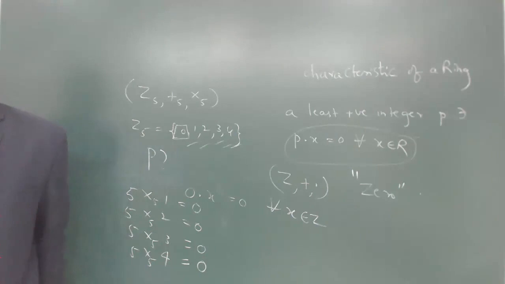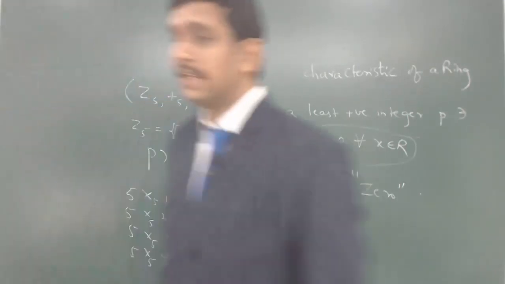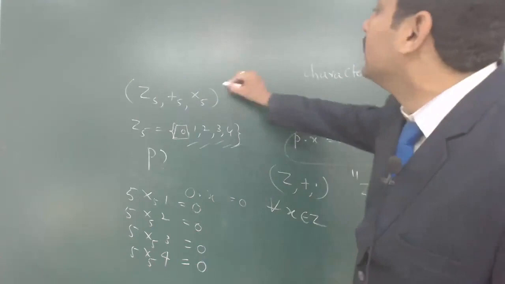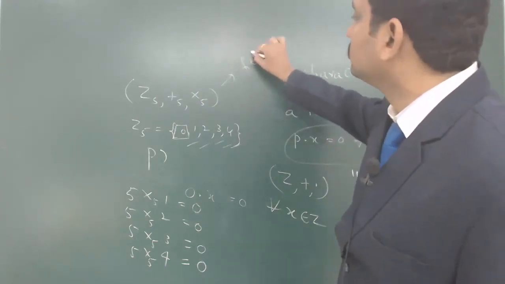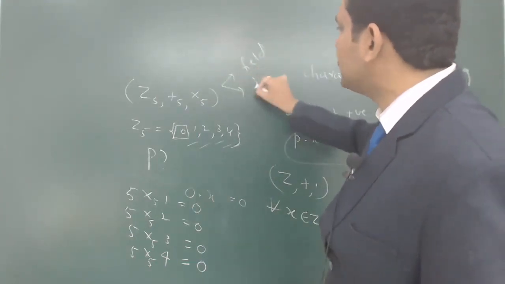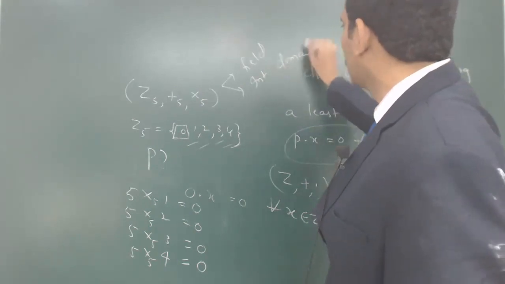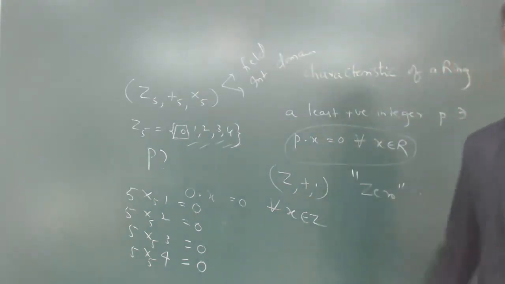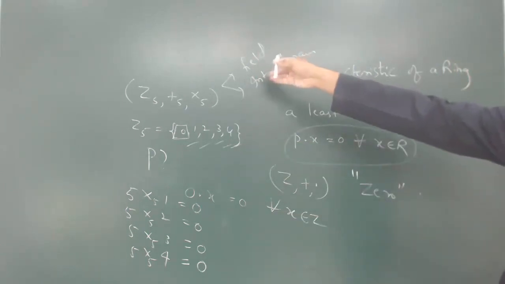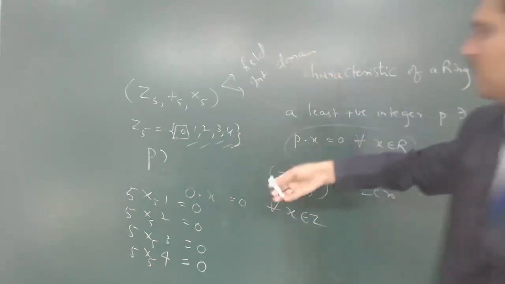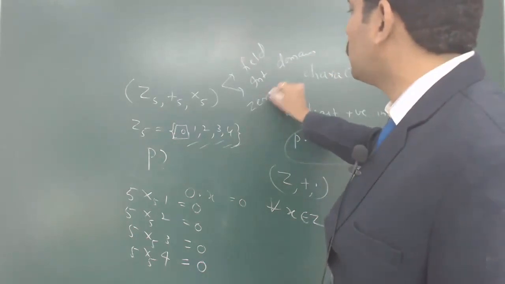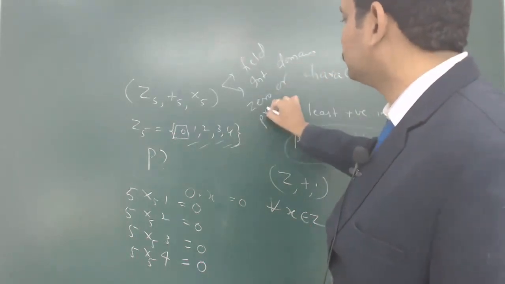Now the question is, is 5 a prime number? The interesting thing is, you know that it is a field and it is also an integral domain. So whenever you consider a field or integral domain, its characteristic is always either 0 or a prime number.